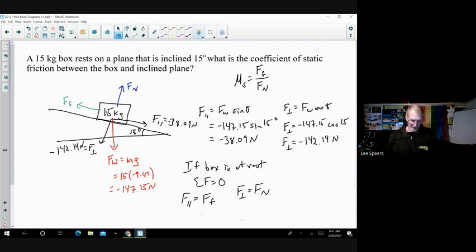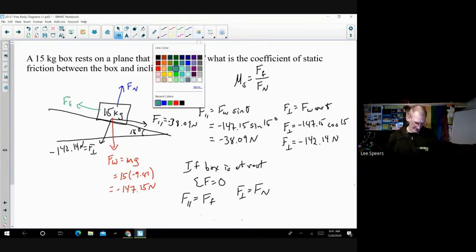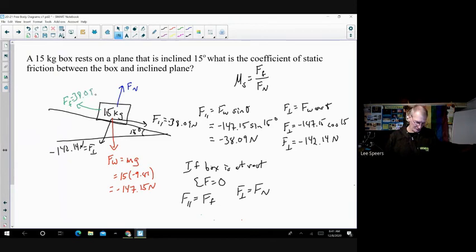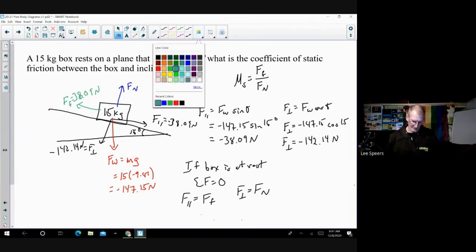So that means my value for the friction force is a positive 38.09 newtons. And my value for the normal force is 142.14 newtons.